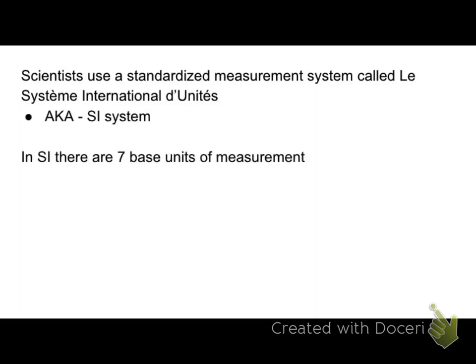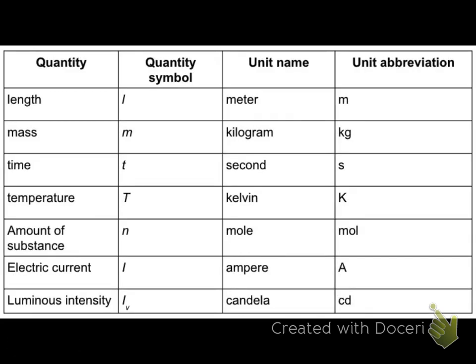Okay? There are 7 base units of measurement that we use in the SI system. Okay? And I'm going to go over them with you. They're in a chart on the next page here. So the first one, the quantity that we're measuring is length, okay? And the unit we use is the meter.